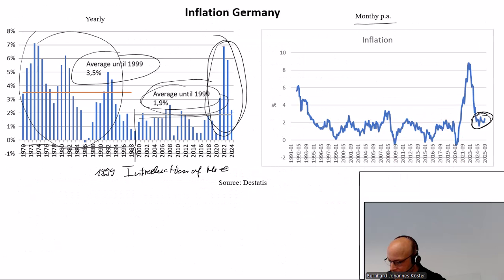The last one: I'm a friend of longer time series so that we know where we are coming from. And I hope you will do this also, because quite often people are only discussing using the actual data, and especially for Germany or for the Eurozone as a whole, sometimes the introduction of the euro is criticized, saying that everything in history was better.